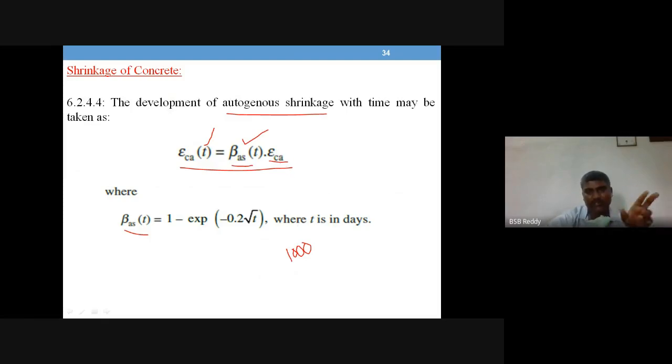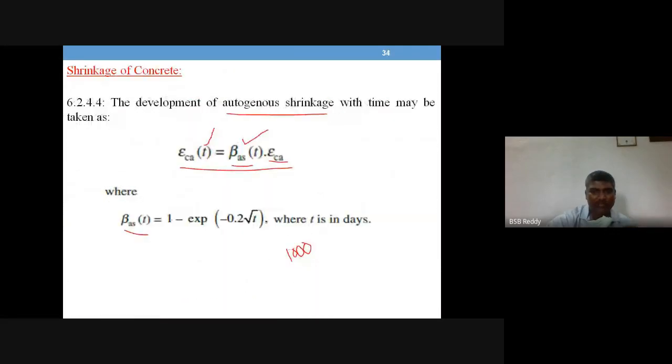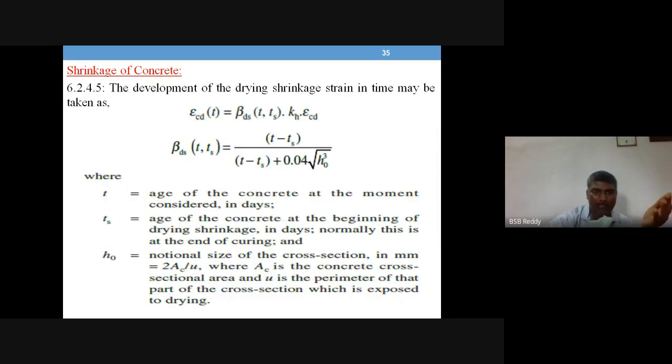Okay, so take epsilon ca from the table given in 6.2.4.2, and estimate beta from this formula, get epsilon ca at a particular time. Okay, likewise, even for drying shrinkage, if you want it at a particular time, then simply multiply the value which you calculated in 6.2.4.4 by a factor called beta, given by a formula.